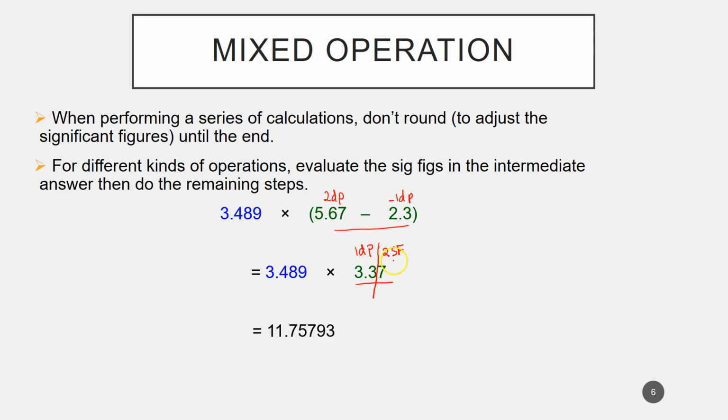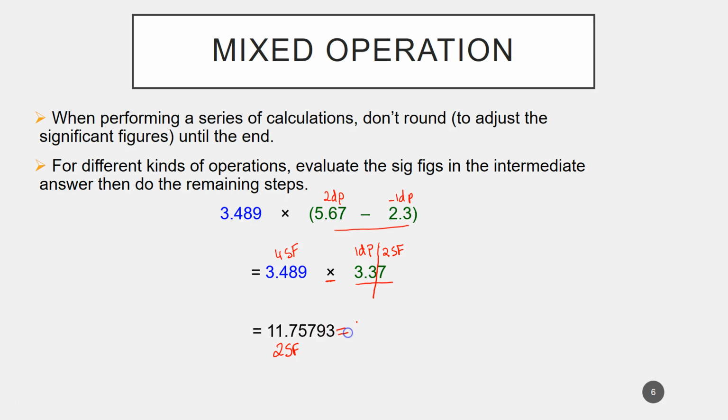Why do I care about significant figures? Because my next operation is a multiplication. So now I'm multiplying this number by this number. This number should have 2 significant figures. This number has 4 significant figures. Then my answer should have the lowest, 2 significant figures.